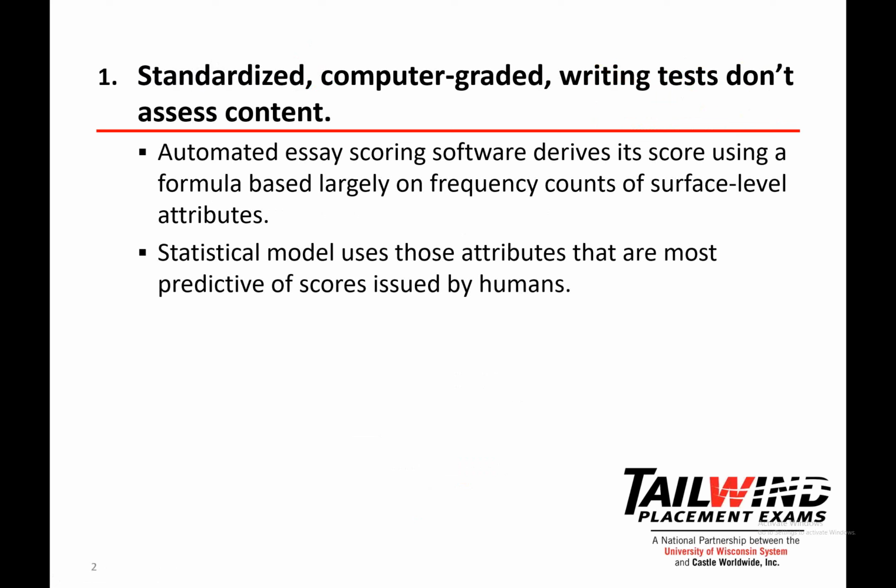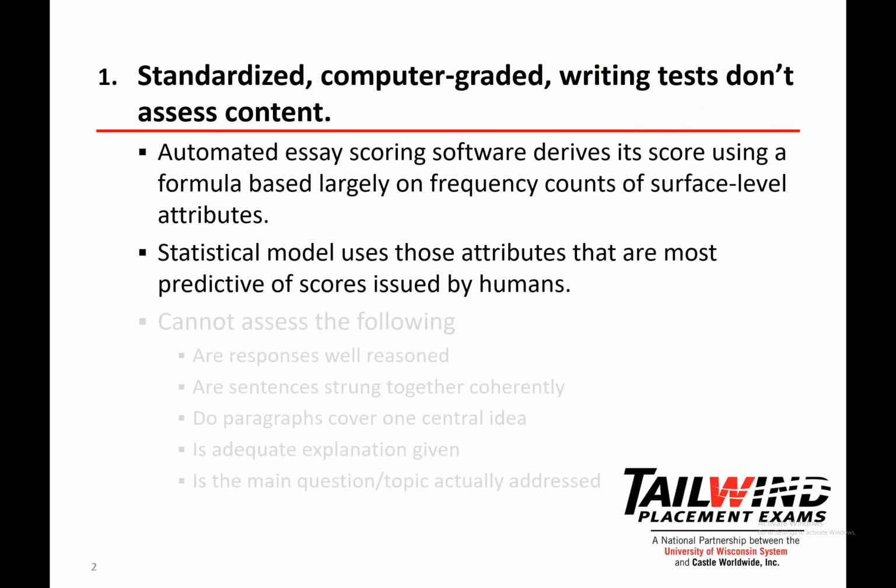Scoring algorithms can also do things like identify the words or maybe a short phrase, those types of sentence constructions, for example, those things that are most predictive of each of the possible essay scores.